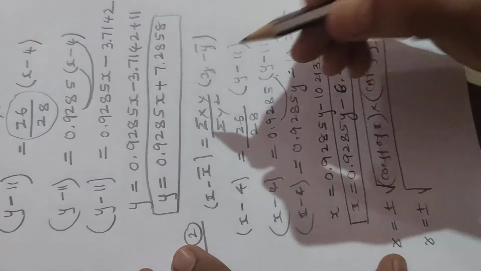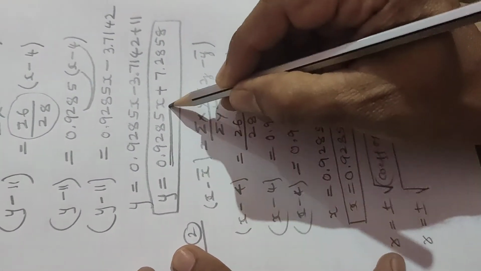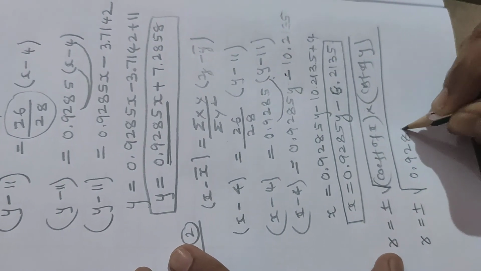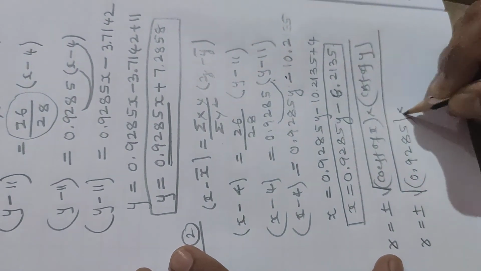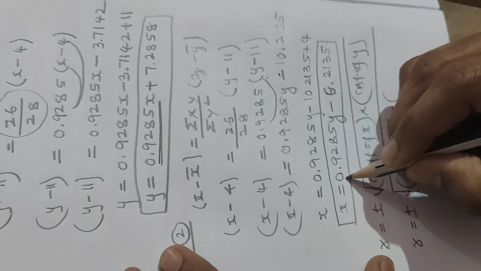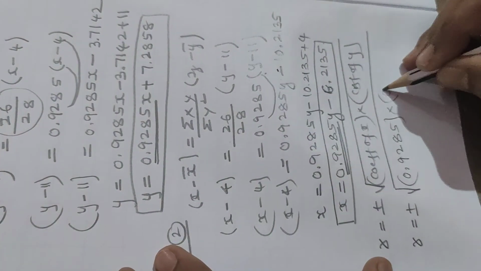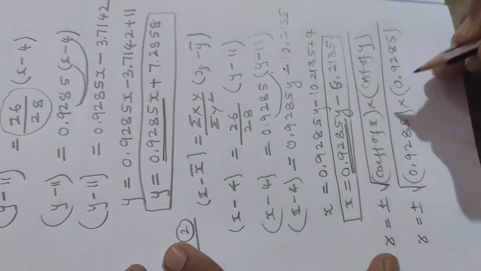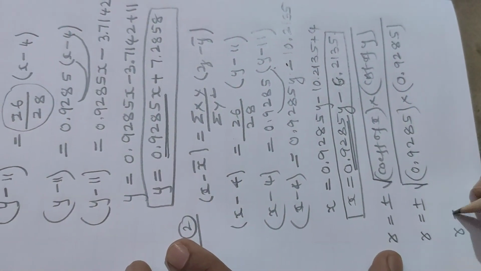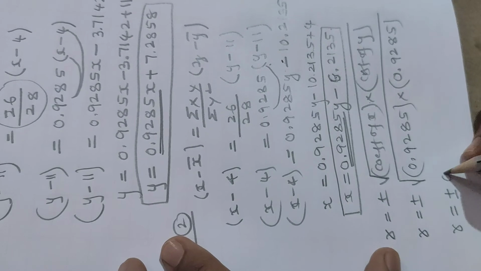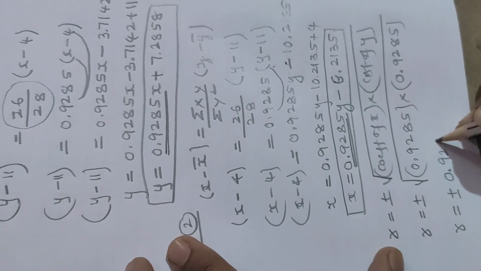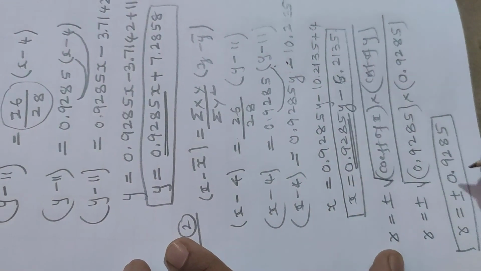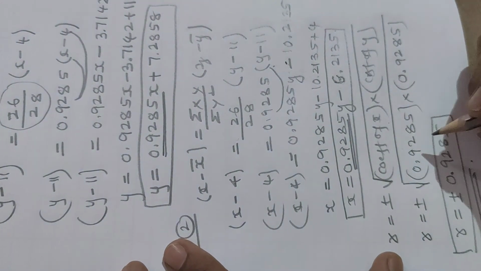First I'll find coefficient of x in this, that is 0.9285. Same way, coefficient of y in the second equation, that is also 0.9285. Square it, it will get cancelled, so r will be plus or minus 0.9285. So that is your required coefficient of correlation. I hope you got it. Thank you.